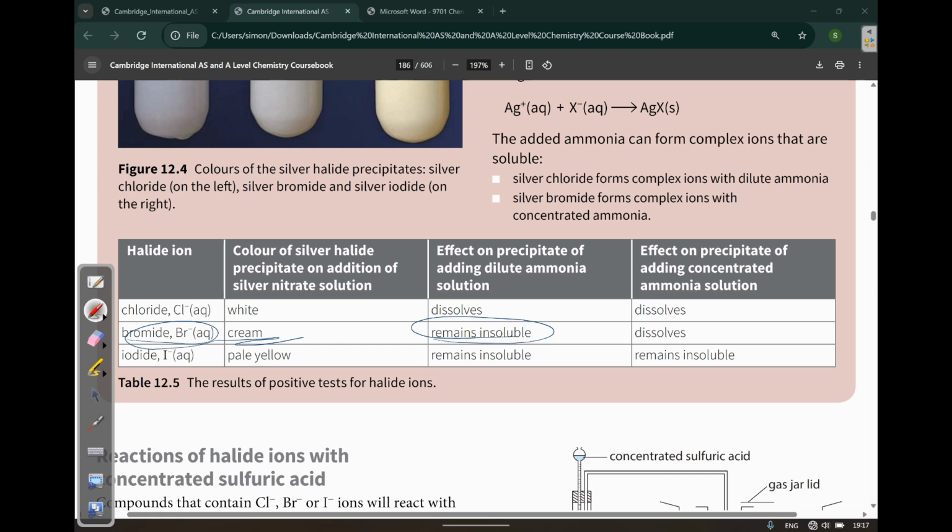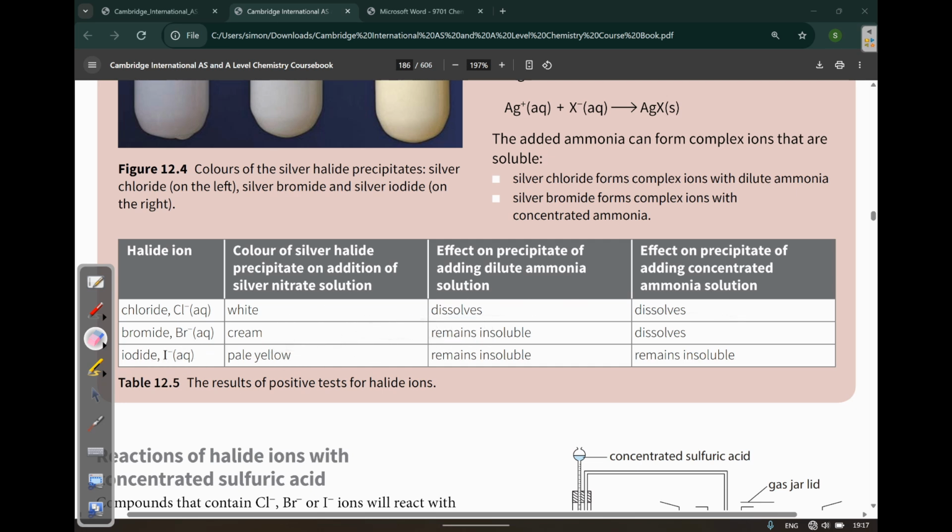So in concentrated ammonia, then it is soluble. But for iodides, it's a yellow precipitate. It is insoluble in aqueous and also insoluble in concentrated ammonia. But when you look at the chlorides, they are soluble in dilute and also in concentrated ammonia.